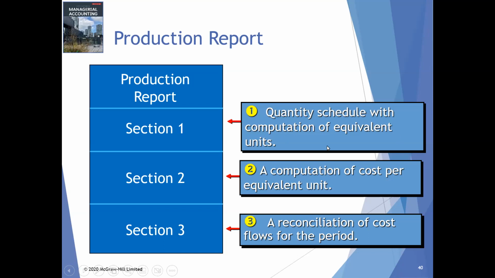So we will calculate the equivalent units for the quantity that was scheduled, right? And a computation of the cost per equivalent unit, where we divide the cost by the units. The cost per equivalent unit we will calculate in section 2. Section 3 is a reconciliation of the cost flow for the period. We will check it once again.